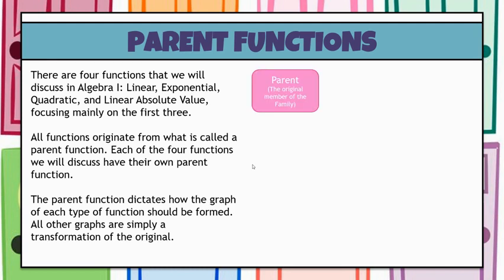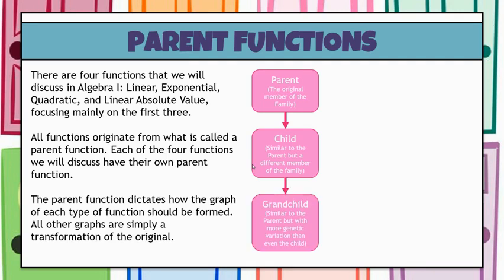So if we think about it like a family tree, your parent is the original member of your family. Then you, the child, you're similar to the parent, but you're different. You have some different genetic makeup. And then the grandchild still has things that relate back to your parent, their grandparent, but is even more of a variation from the grandparent.